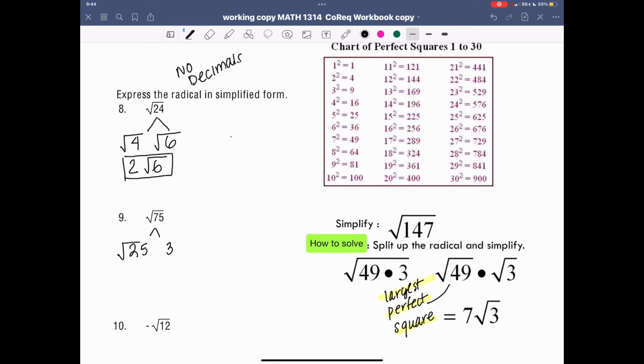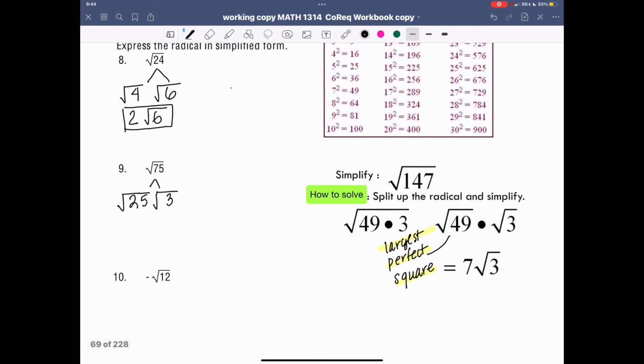I know I can place my radical over each number. So then I've split up the radical, and I'm going to simplify. The square root of 25 is 5. And then the square root of 3 is not a whole number, so it's going to give me a decimal, so we just write it right next to each other. I have 5 square root of 3.